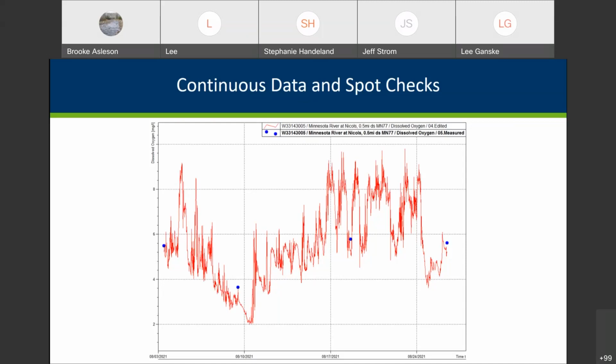I don't know if it was batteries because it was still on when we picked it up, but it stopped logging partway through. But that's the name of the game with field work, is that you put things in an extreme environment. They work most of the time, but rarely 100%.